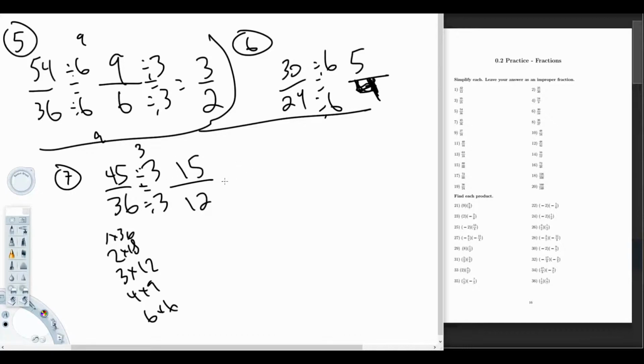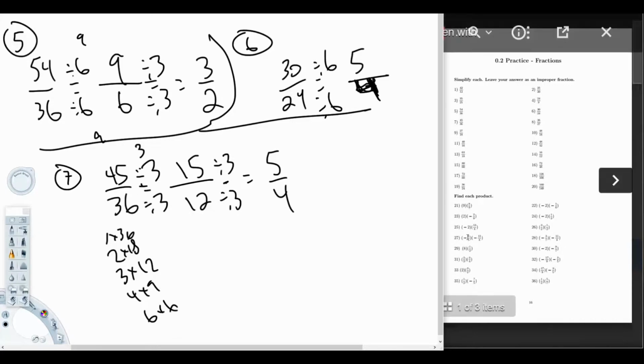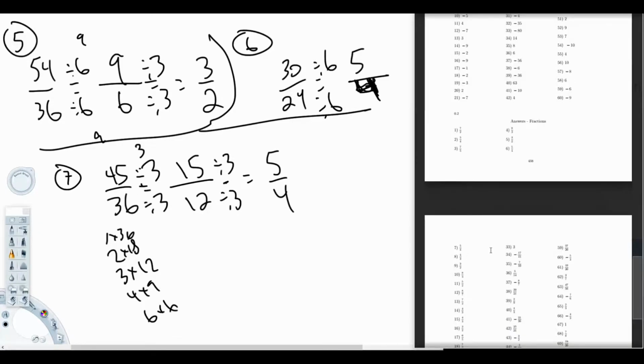Here we get 15. Can we divide by...? Am I tripping? Am I doing this right? Yeah, okay. So if we divide by 3 again, we get 5 over 4. Oh, that doesn't make sense. Does that make sense? Yes, it does, because 9 times 5 equals 45. Is that the answer? 5 over 4. Yeah, that looks good. That makes sense.